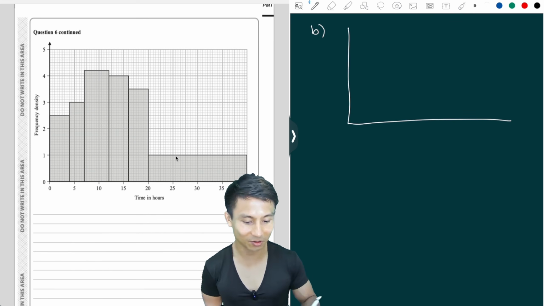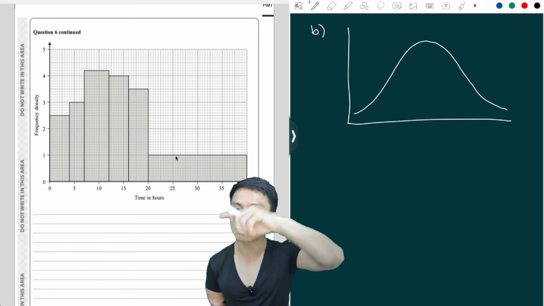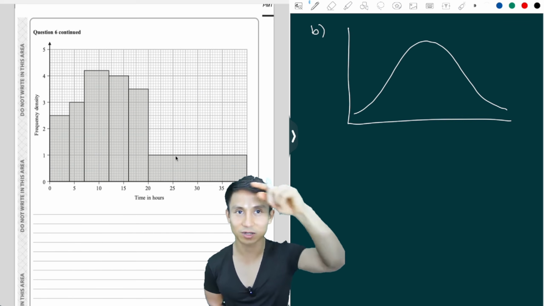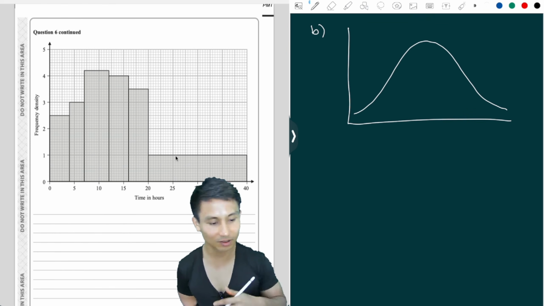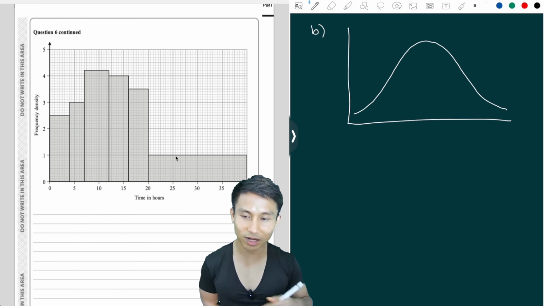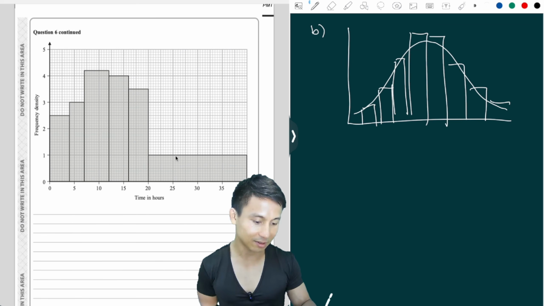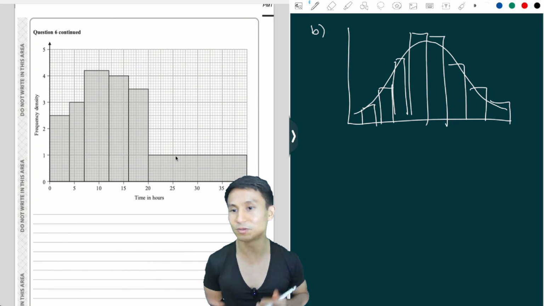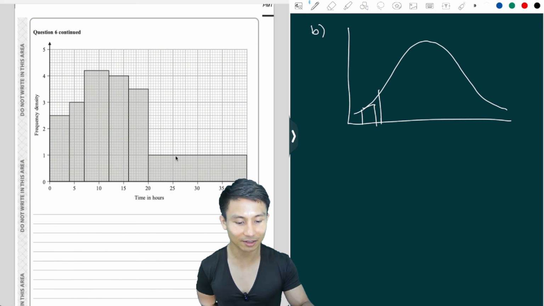A very good normal distribution should be such that the tops of the bars give an outline just like a bell curve. So the histogram might have bars like this, left and right symmetrical, where you have the middle taller. But it's not the case here.